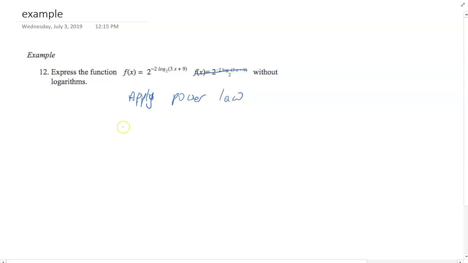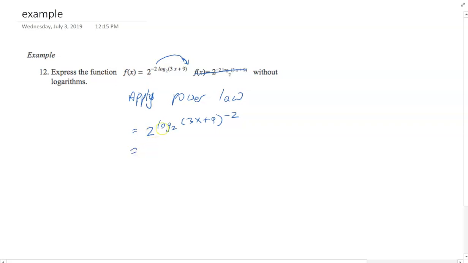We can rewrite this as 2 to the log base 2 of 3x plus 9 to the negative 2, because applying the power law, we can move this negative 2 up to an exponent position.